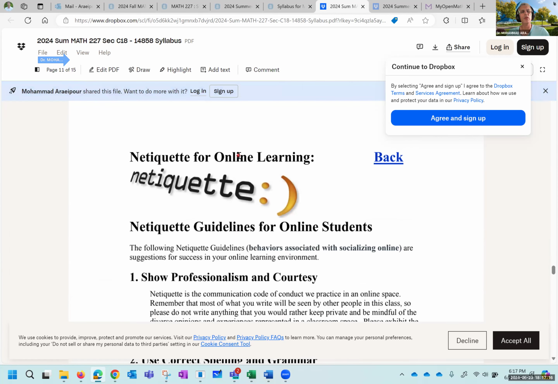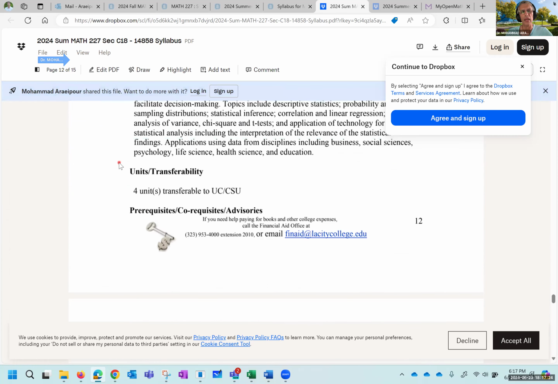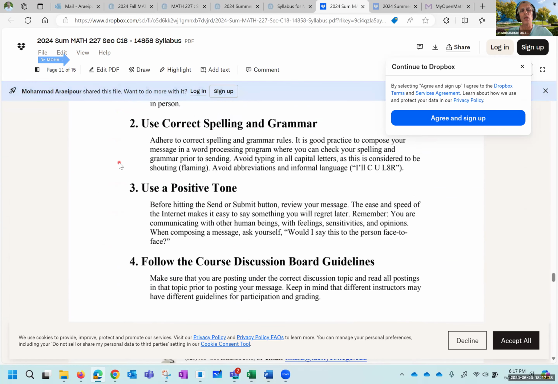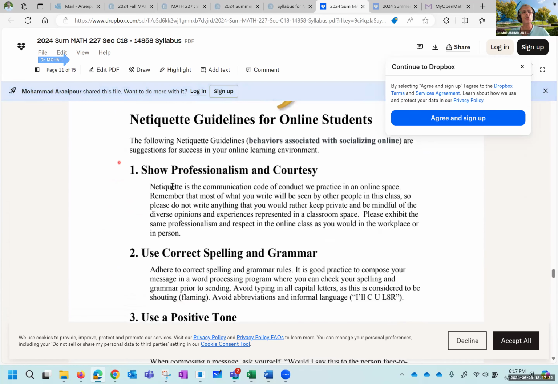The next thing I want to explain is called Netiquette for Online Learning. I'm going to leave it for you to read all of them and the syllabus addendum. What I want to mention about the Netiquette is that, in short, we want to show professionalism and courtesy towards one another. We want to be very nice to our fellow students, and we want to use correct spelling and grammar. You are a college student.